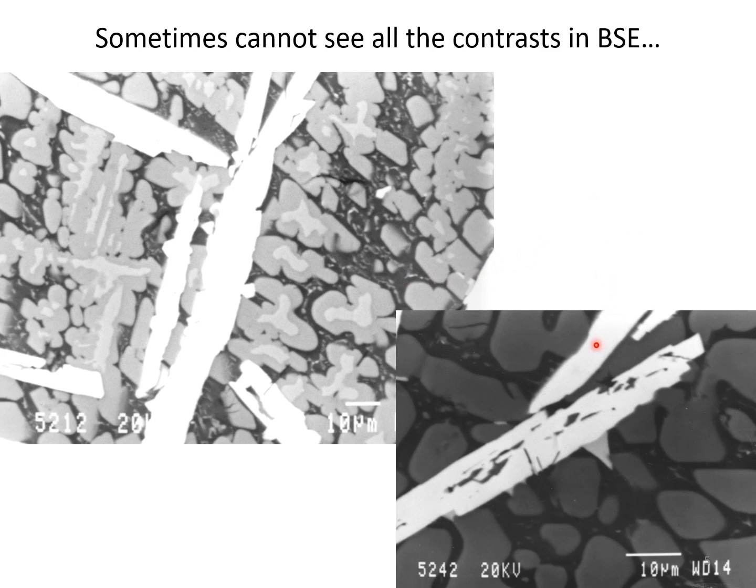And this is backscattered electrons, and sometimes if you look at this, you can see what's going on in the dark, but you can't distinguish these. And in here, you can distinguish these, but you can't see what's going on in the light. So you had to set things and change the contrasts around to work out what's going on.